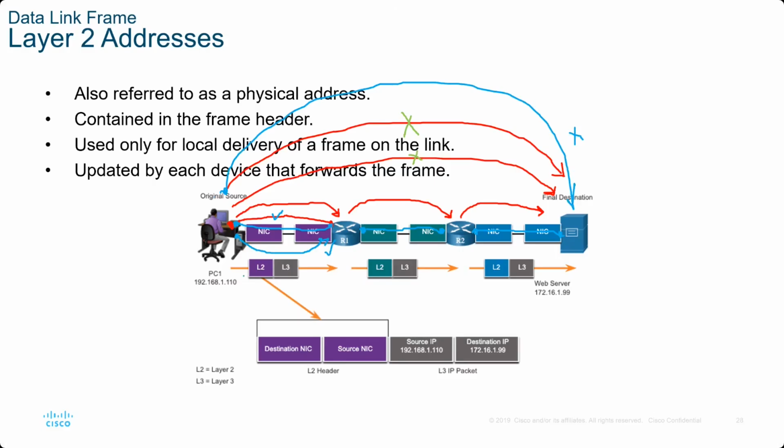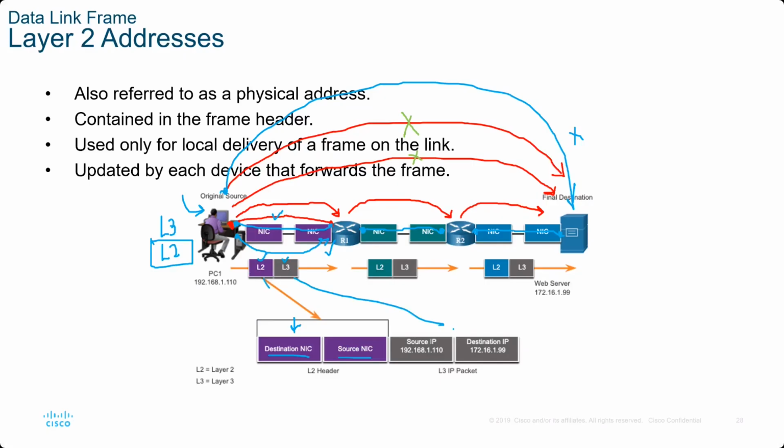So in order to do that, whenever you create a packet here, your layer 3 information gets encapsulated in layer 2. You create a frame, with the layer 3 packet encapsulated in the layer 2 frame, and this layer 2 frame has inside it a destination NIC MAC address and a source NIC MAC address.